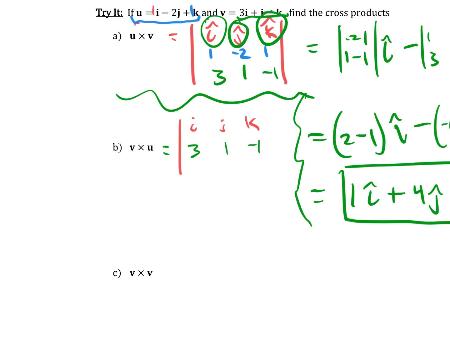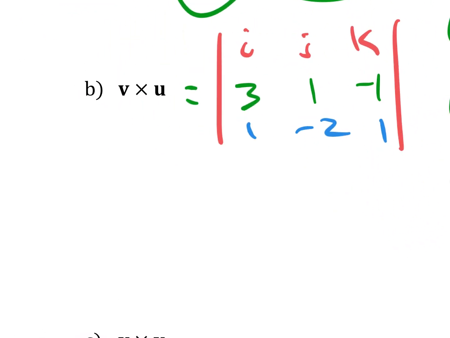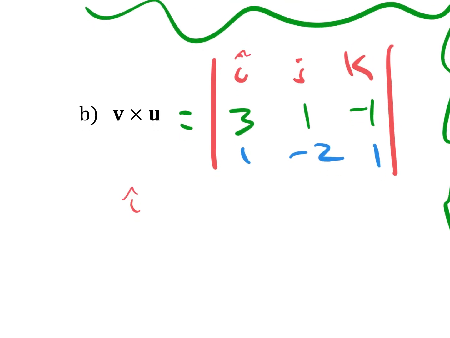And u is going to come second. 1, -2, 1. Okay. And let's see what we get. So we get j. Nope, sorry, let's start with I. We'll make these vectors, put a little hat on them, or a little vector arrow would be fine too.